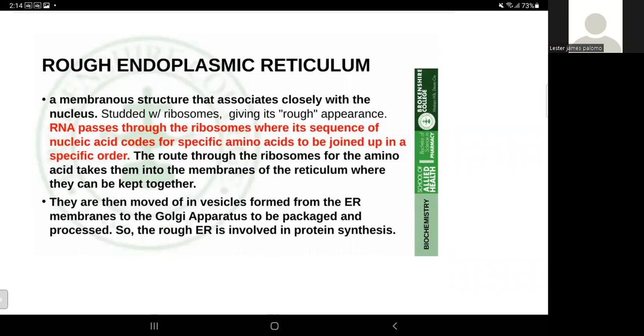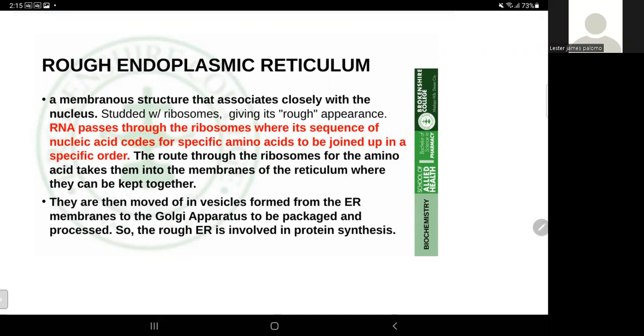Then the amino acids are routed through the ribosomes into the membrane of the reticulum, where they can be kept together. They are then moved into vesicles to the Golgi apparatus, the packaging. It is the one that packs our proteins, the Golgi apparatus. So the rough ER is involved in protein synthesis.